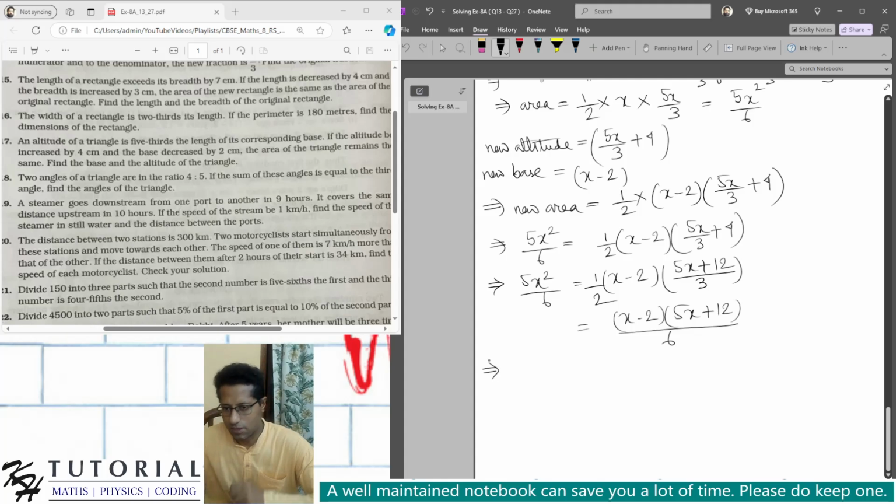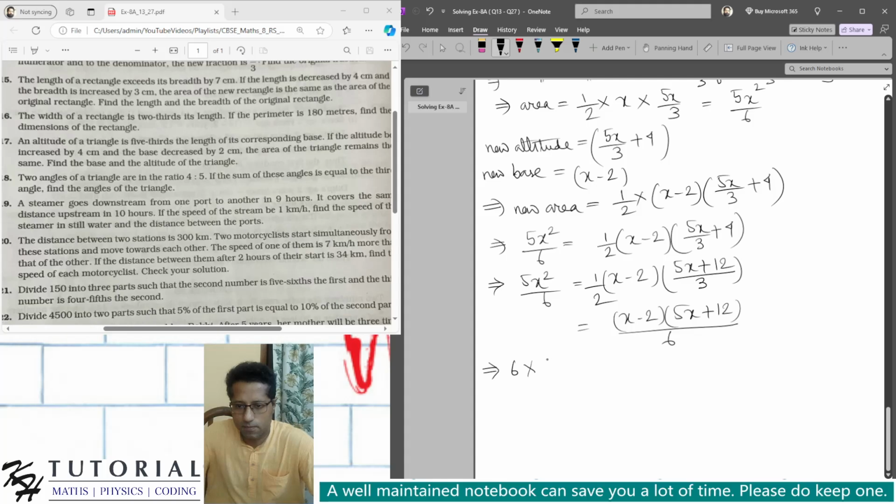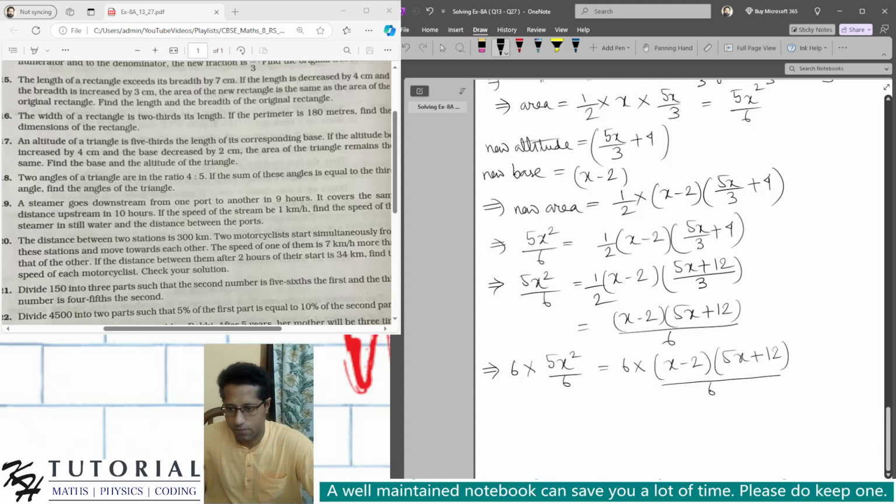Both the LHS and RHS are in rational form where the denominator is 6. So we will multiply both the LHS and RHS by 6. So we have 6 multiplied by 5x square by 6 is equal to 6 multiplied by the RHS, because from the rules of solving a linear equation, we can always multiply both the sides of the equation by a non-zero number.